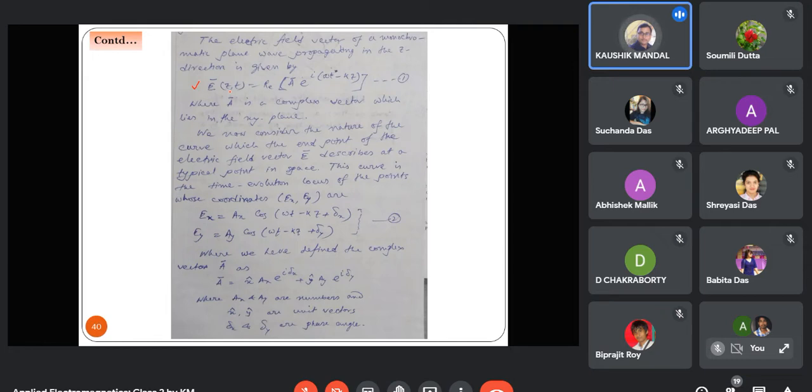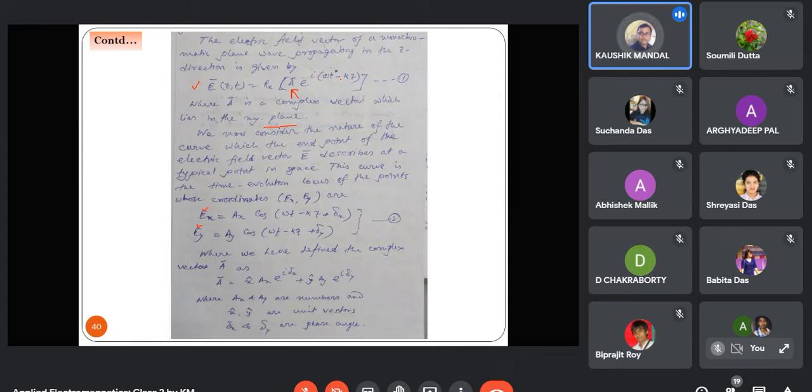The wave is propagating along the Z direction with respect to time. A is the amplitude of the corresponding electric field vector, and the electric field vector lies on the XY plane. Now we can consider the two components of this electric field vector, Ex and Ey, in this particular fashion.